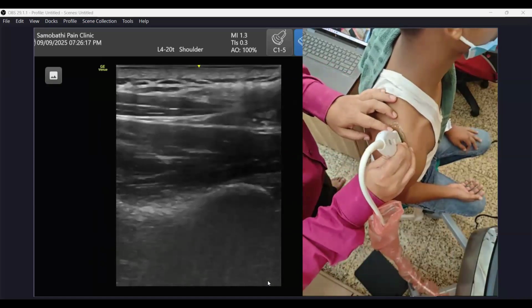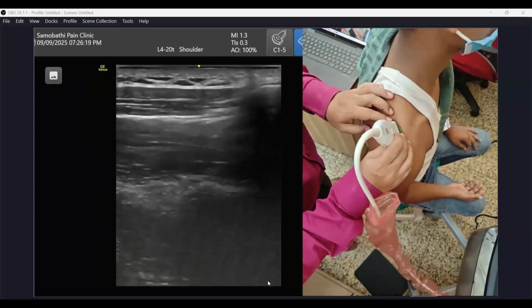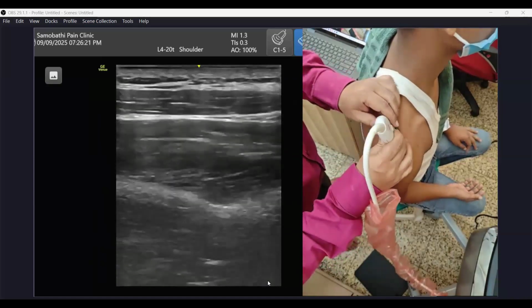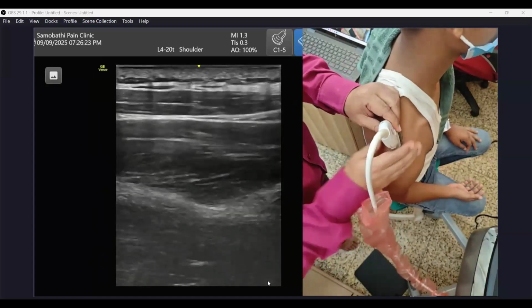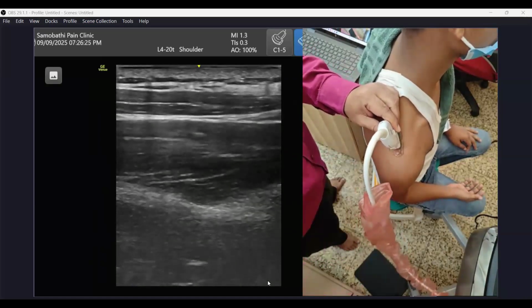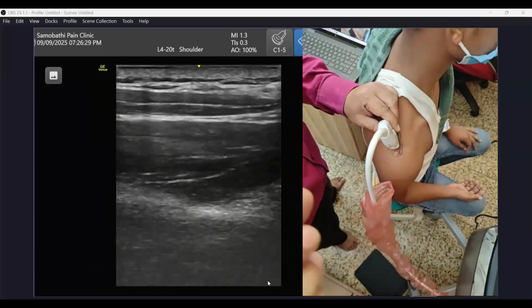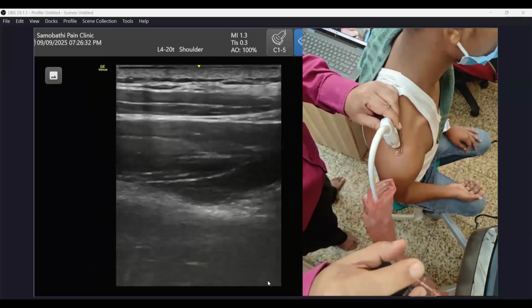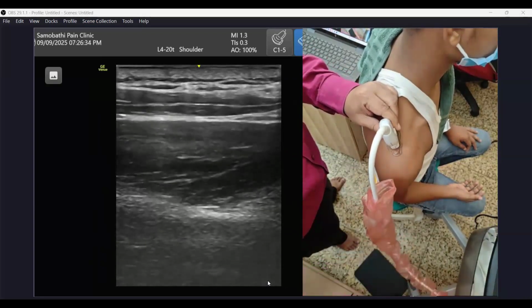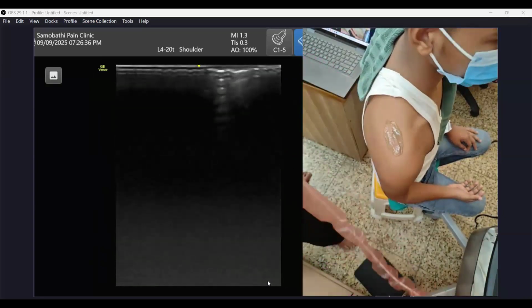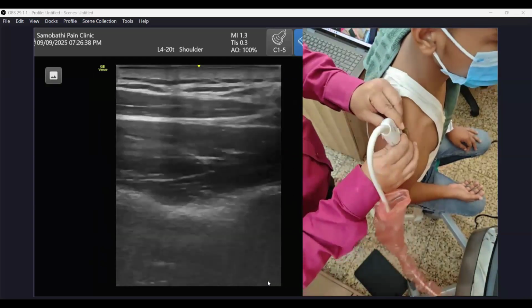So here, if I hold like this, then I'm seeing the supraspinous fossa. Okay, I'm seeing the bone of the scapula.